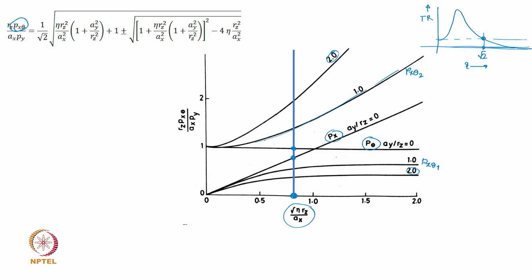What do you design for? Very low transmissibility. This condenser unit is expected to transmit as low forces as possible to the foundation, so that the building doesn't vibrate, doesn't create sound. So would you like to be on the higher side of R here, isn't it?